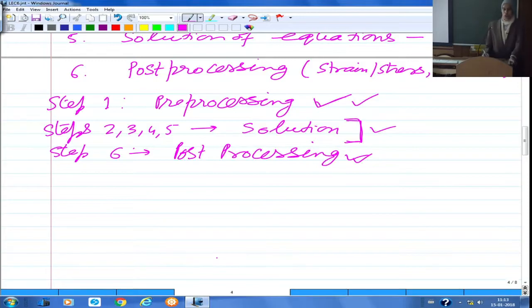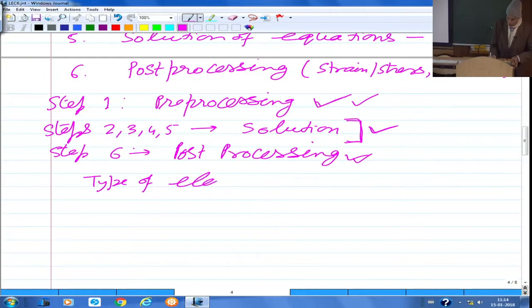Of course, those who develop their own finite element codes for solving new types of problems have to do all of this anyway. So these are basically the steps involved. And typically, if you look at the classification of finite elements, we classify them into types of elements.